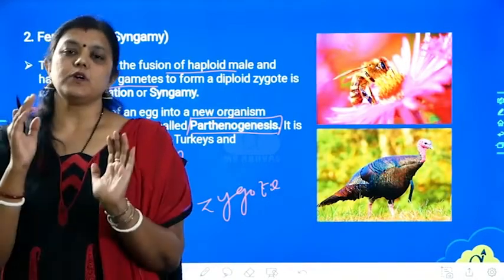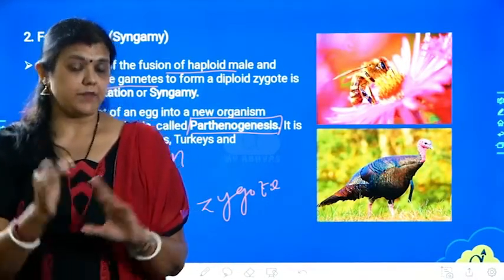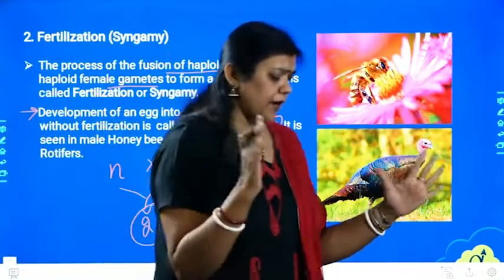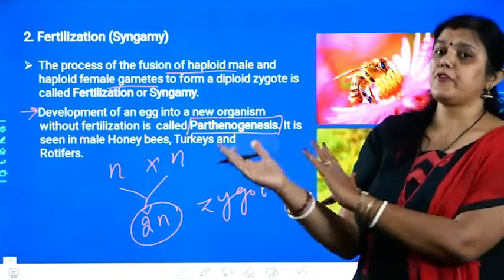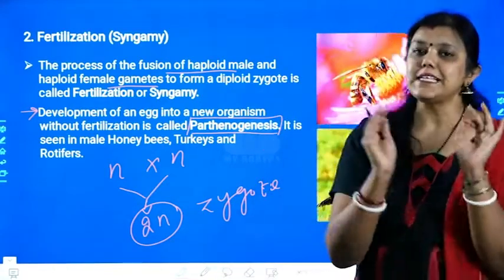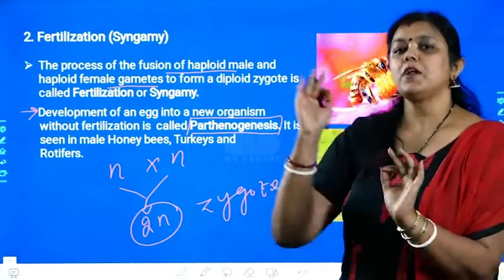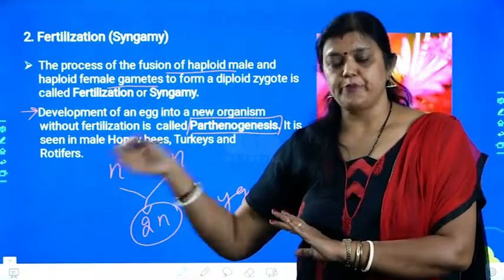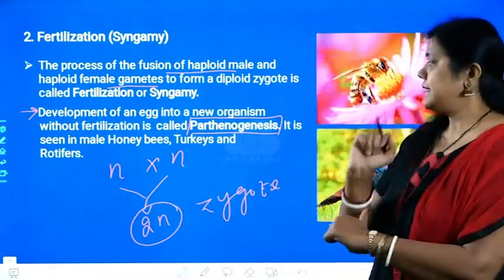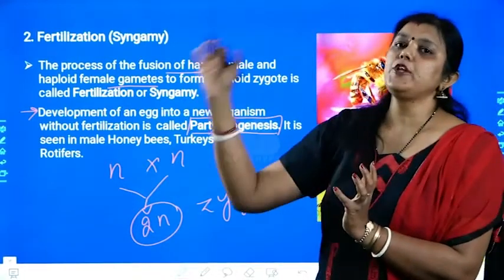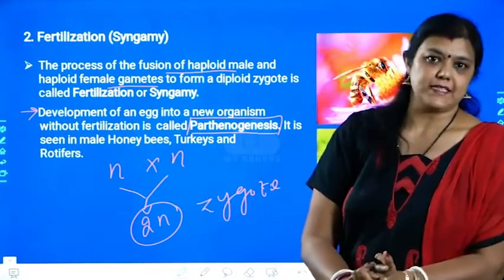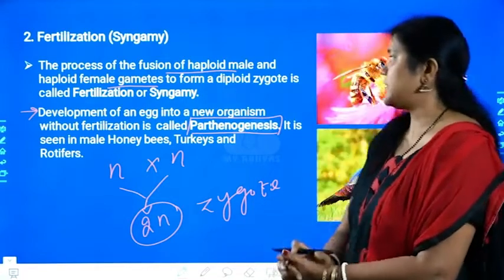This happens in sexually reproducing organisms. Make this idea very clear in your mind. Parthenogenesis is something like an asexual mode of reproduction, but this happens in sexually reproducing organisms also. What happens in this case? An egg develops into a new organism without fertilization. Got it, right? That is parthenogenesis.